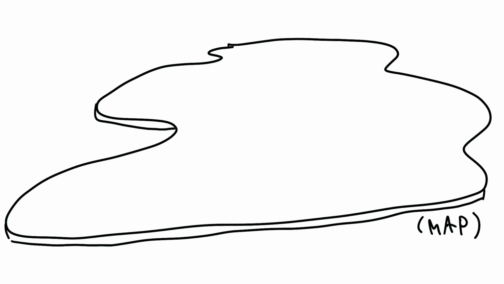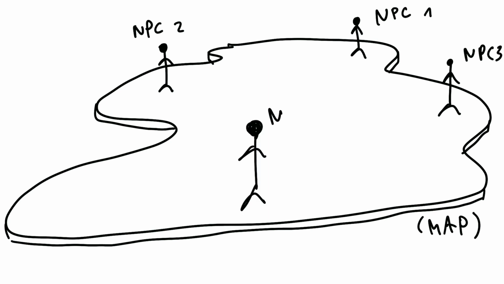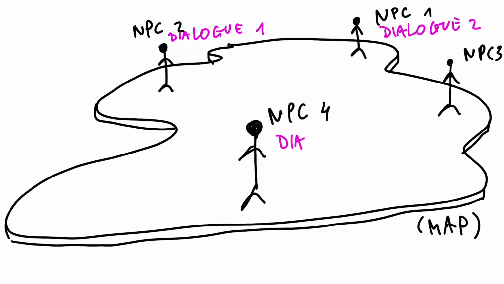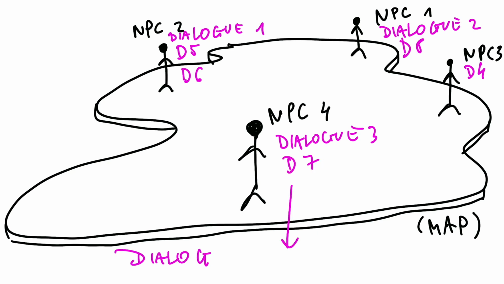So the way I imagine it is that I have a map and I have NPCs on the map. And when I pass by them, I am able to trigger different kinds of dialogues. So those NPCs have to have a way to know what dialogues are available for them, and if those dialogues are even available at this point of the story.